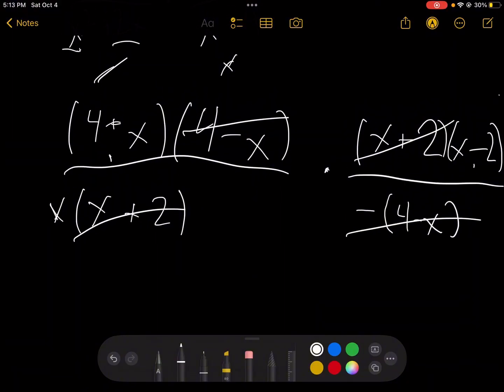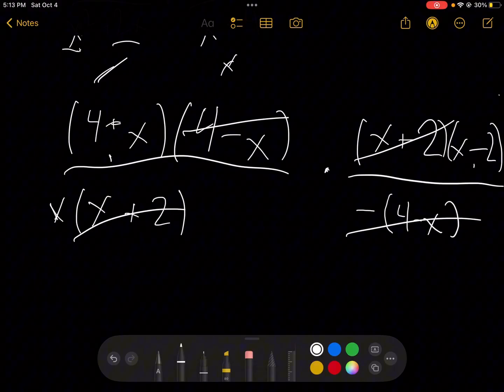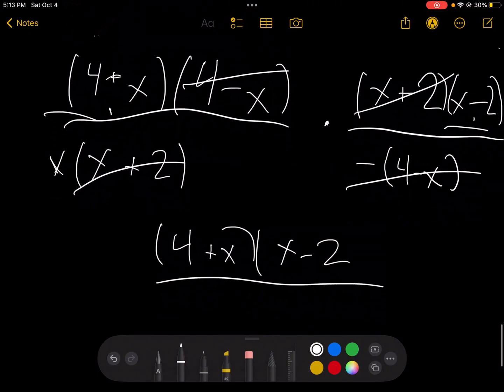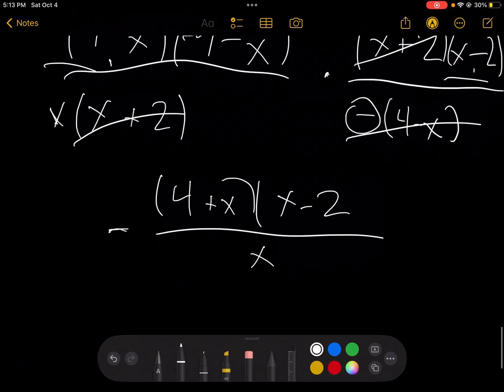Now since we're left with these two, you just put them on the same bar. Okay, x minus 2. Okay, then x. Since of this thing, you have to add a minus sign over there.